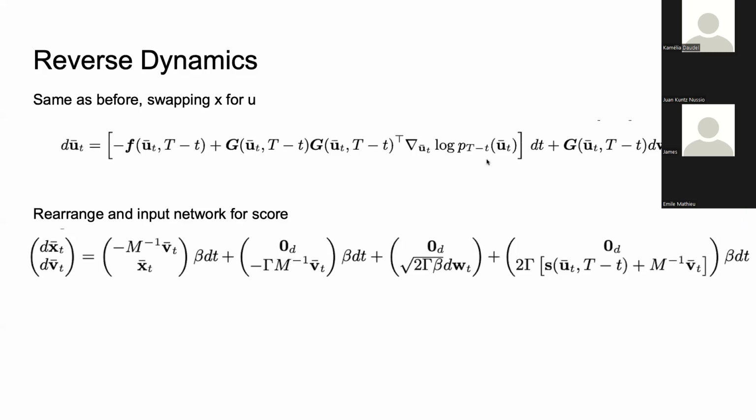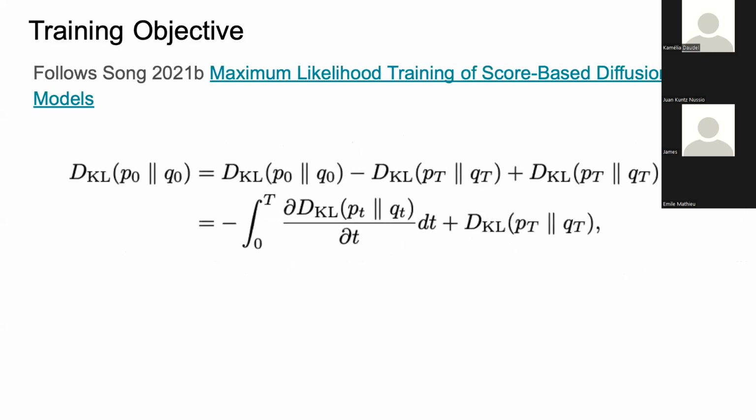Obviously we don't have access to the density of the noisy UT input. So how do people typically do this? There are a few ways, like denoising score matching, where you condition on the data, simulate forward, and that gives you a closed form in expectation.